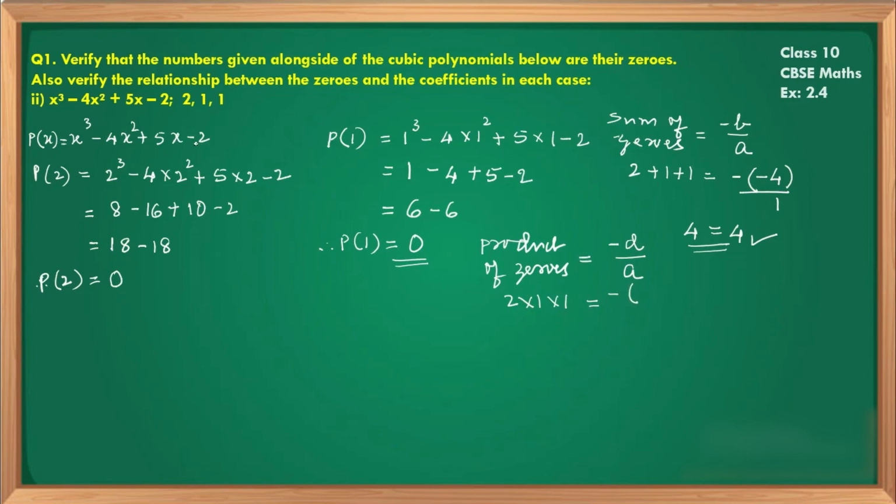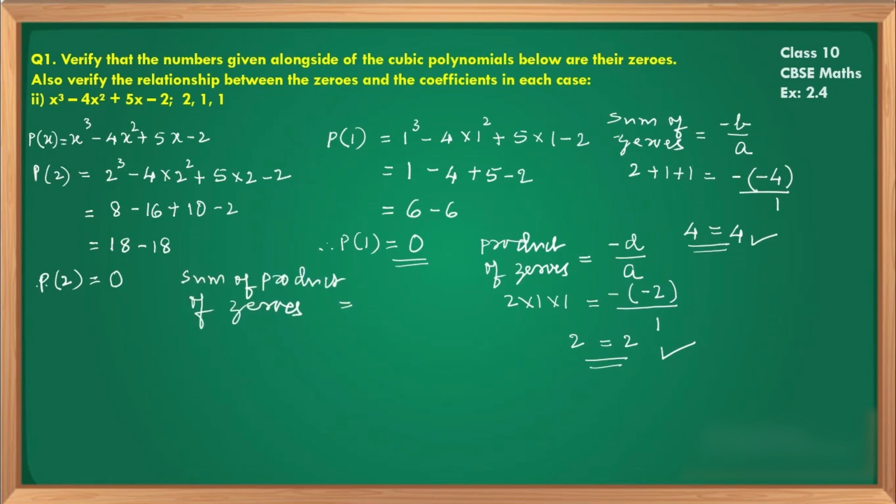In this polynomial, d is minus 2 divided by a. A is coefficient of x cube, that is 1. 2 into 1 and 1 is equal to 2 is equal to minus into minus plus 2. Even this is verified.